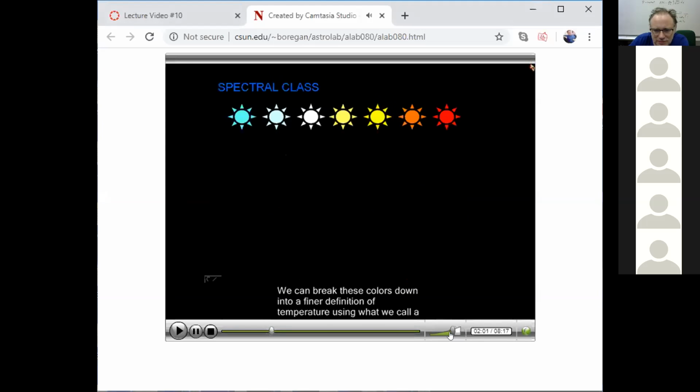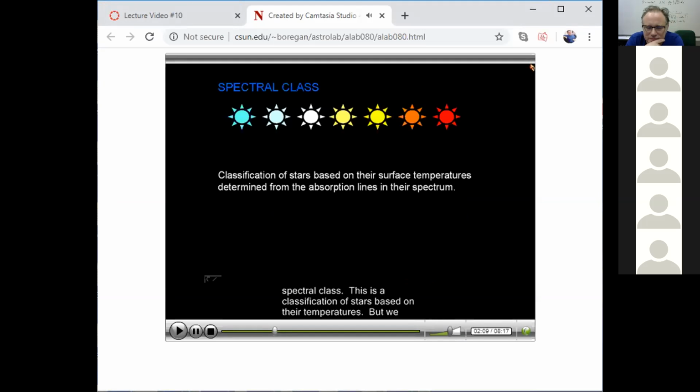We can break these colors down into a finer definition of temperature using what we call a spectral class. This is the classification of stars based on their temperatures, where we determine them from absorption lines in the spectrum.